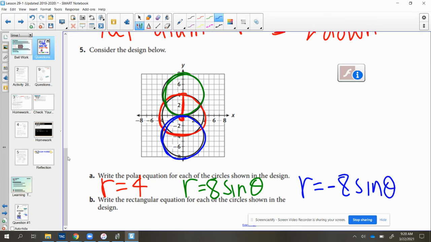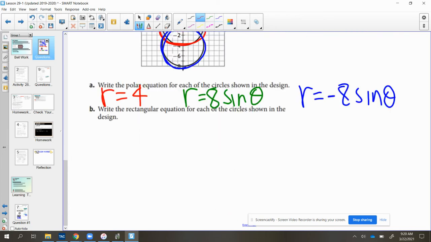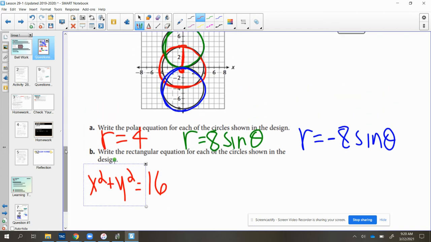Okay. And if we converted these to rectangular, again we're thinking back to what we know this means. If we're centered at 0, 0, we have x squared plus y squared equals r squared. If we are shifted up, our center here is now at 0, 4. So x squared plus y minus 4 squared equals the radius squared, which is 16. Versus our one that was shifted down, whose center's at 0, -4.